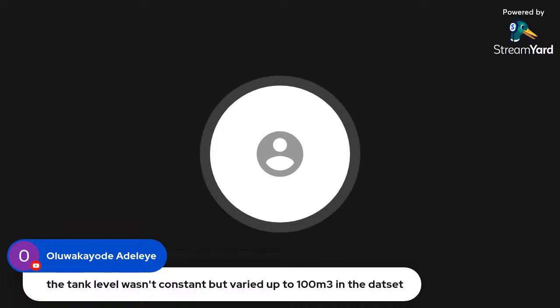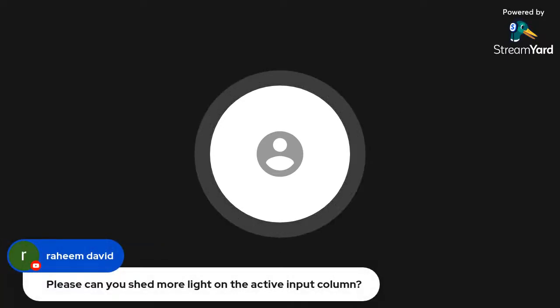Okay, please, can you shed more light on the active input column? So, the active input column, AC input one, AC input two.